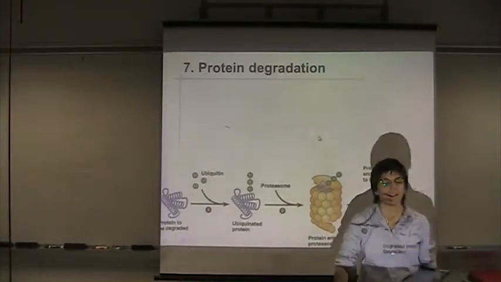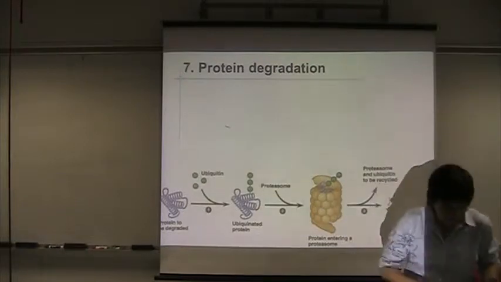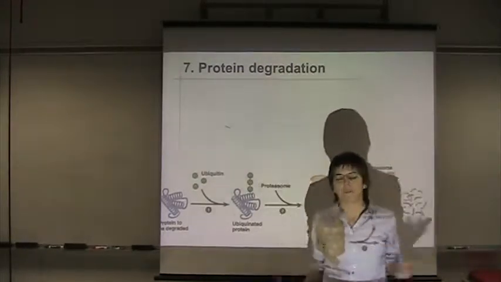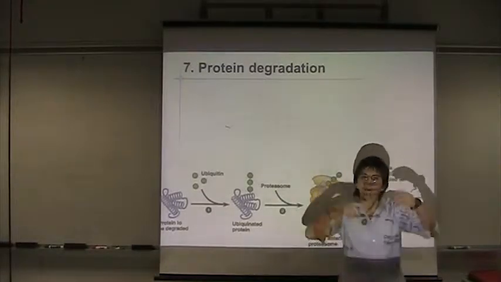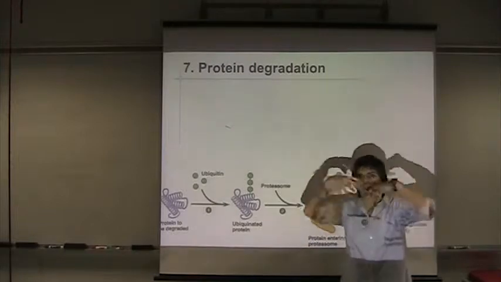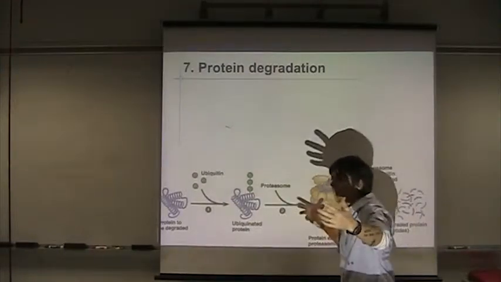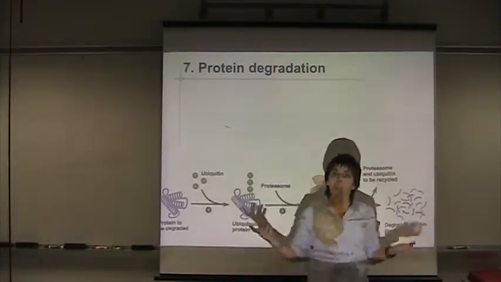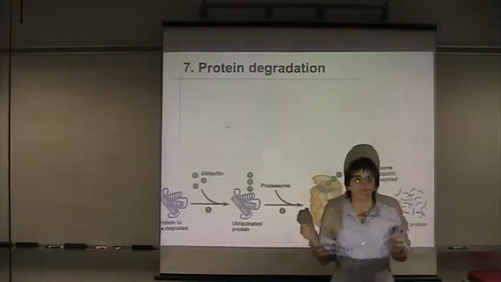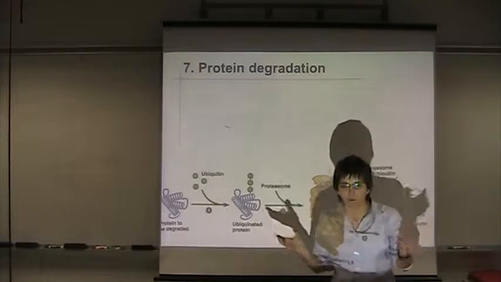Now, let's celebrate. Let's pretend everything went well. We have our protein. It's folded or phosphorylated or glycosylated. It's ready to do its job. Actually, some of them get to do their job, and then they need to be destroyed because they didn't need to be around for that long.